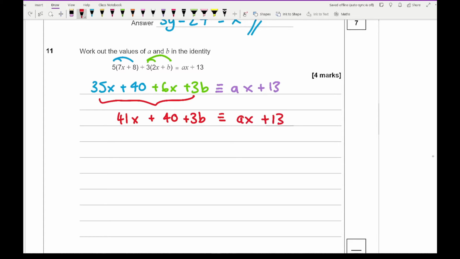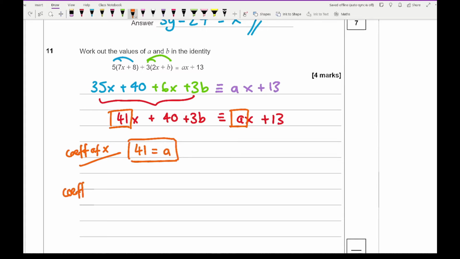Now comparing the coefficients, if I compare the coefficient of x, on this side I've got 41 lots of x, and on this side I've got just a. So that means that 41 equals a, and so there is my value of a. If I then look at the constants, let's do that in a different colour. Let's go for lilac.